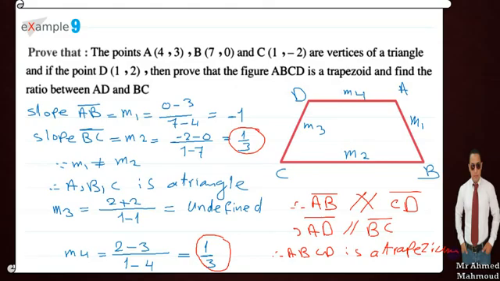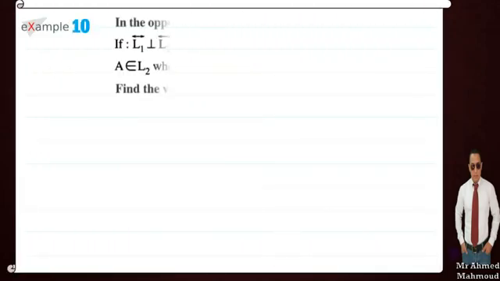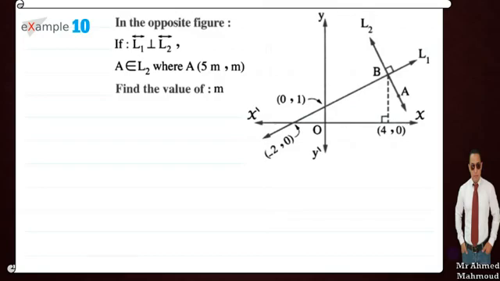Example 10. Okay, here in this example, if L1 is perpendicular to L2 and A belongs to L2 and A equals 5m and m, find the value of m.